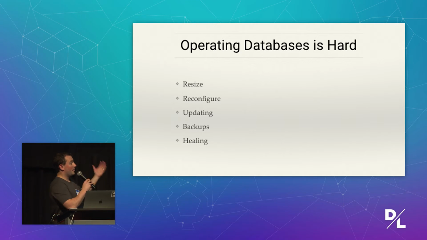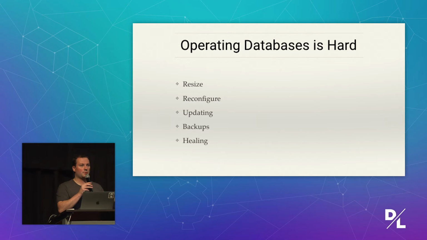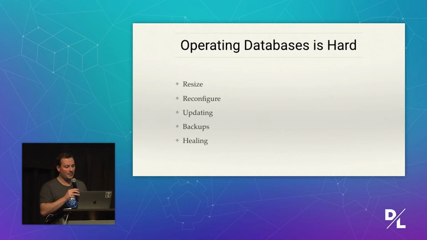Now, Kubernetes provides a number of primitives that can help with this. These are things like stateful sets that allow us to keep track of our different instances of our database. We have init containers that allow us to do pre-initialization for a container to move data around. Or we have jobs that we can run to do backups and restores.